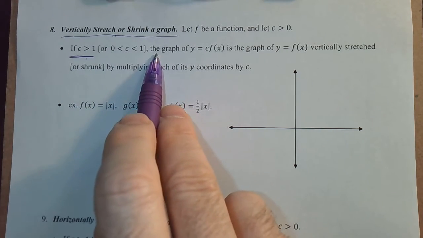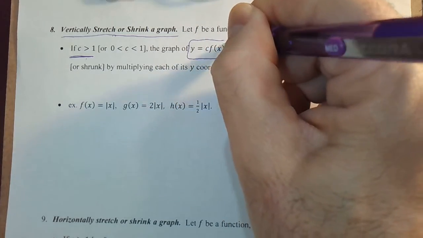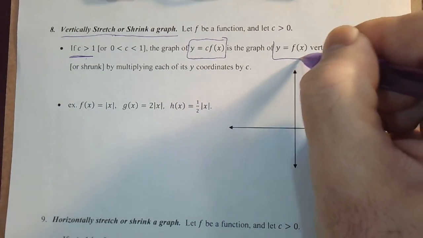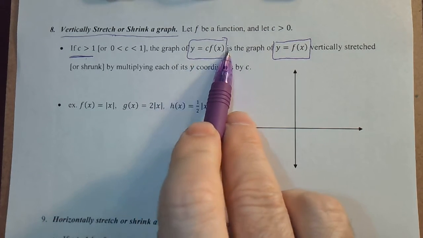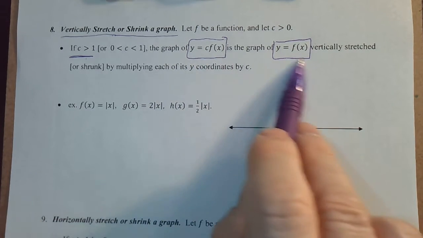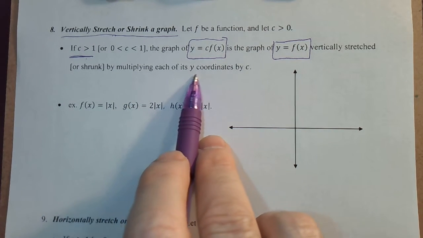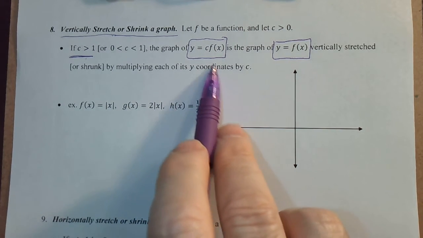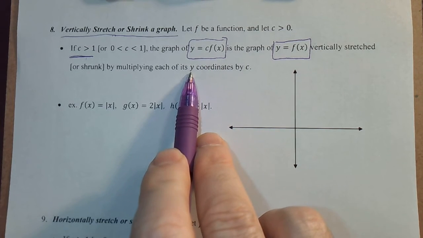So the graph of y equals f of x, if you put a constant in front of f of x, vertically stretches it by multiplying each of its y coordinates by c. Because remember, f of x is just y.